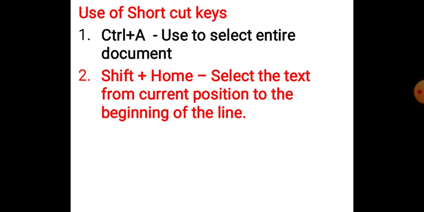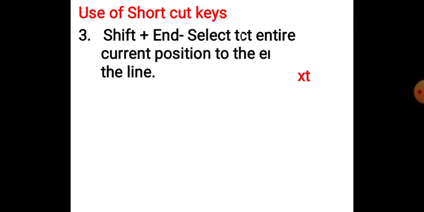Now there are other shift keys also we can use for selection, like shift plus home key. If we press shift and home key together, first press the shift key, hold it and then press the home key. So what happens? The text will be selected from the current position of the cursor to the beginning of the line. Wherever your cursor is in the line, from there to the start of the line, the matter can be selected automatically. Shift plus End key works opposite to shift plus Home key.